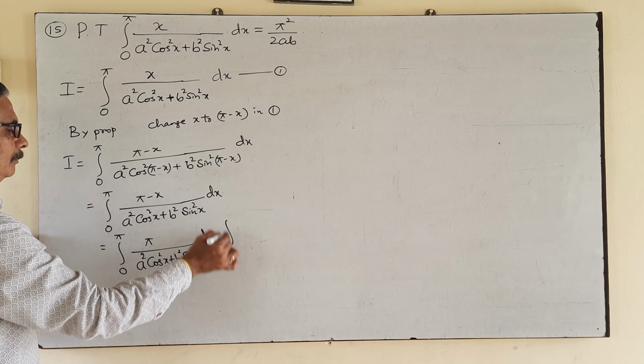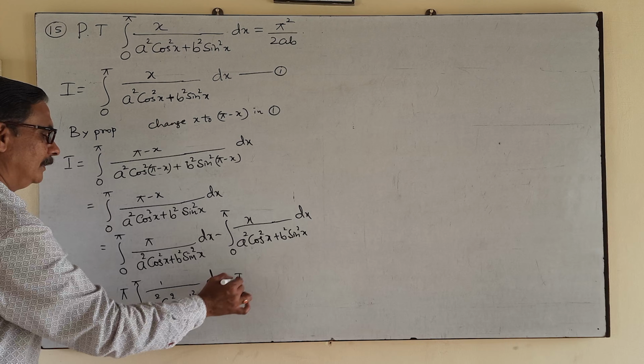Right? That is I is equal to pi constant, integral from 0 to pi 1 divided by a square cos square x plus b square sin square x with respect to x, minus in the second part integral from 0 to pi x divided by a square cos square x plus b square sin square x, using equation 1, given data I.